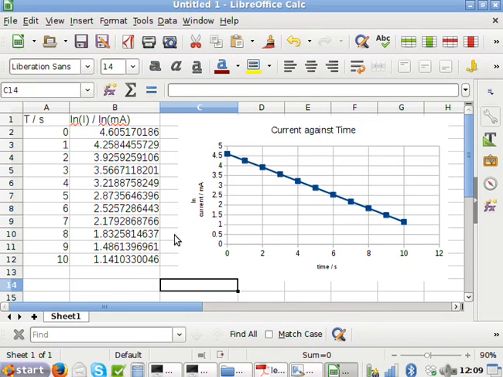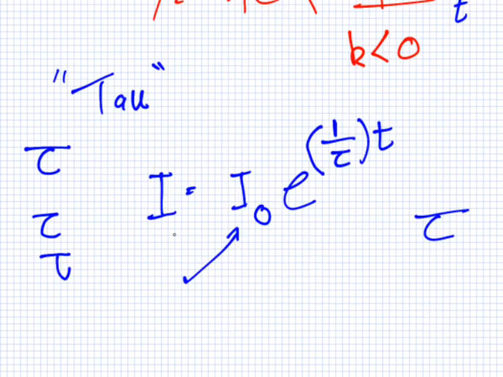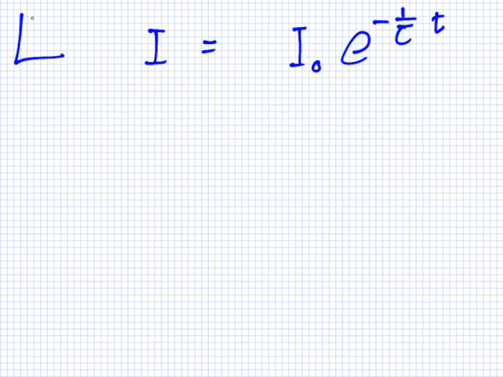So here I get equals log of this number. Now I'm going to delete this graph and make a new graph using time and these values. Actually, I don't need to do it. I can just paste this over here.